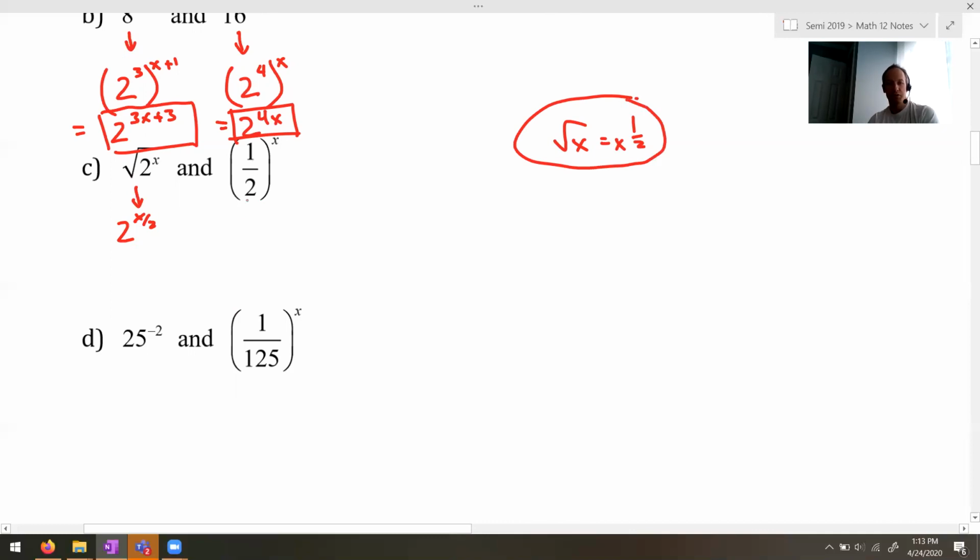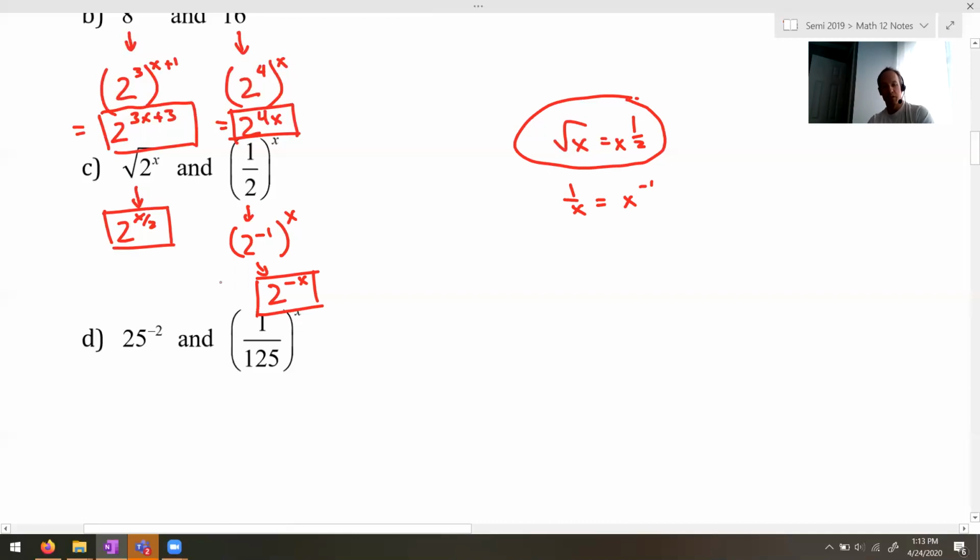And I can also use the property that this can be expressed as 2 to the power of negative 1 to the power of x, because 1 over x is equal to x to the negative 1. So if I want these to look the same, then this is going to wind up turning into 2 to the power of negative x here, and then this is 2 to the x over 2 over there.